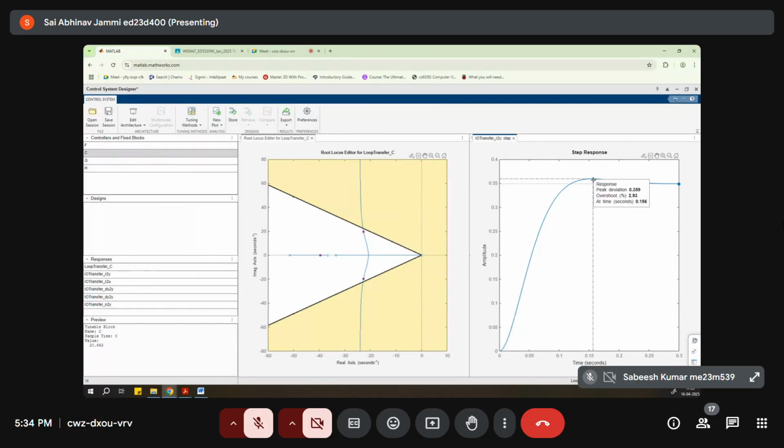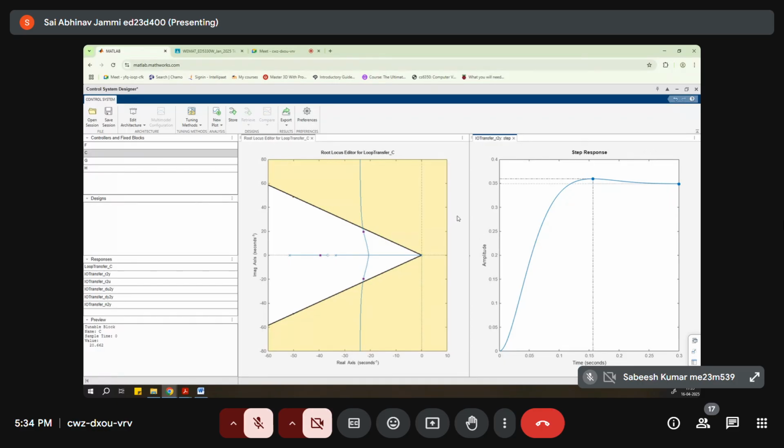KP will be in this root locus domain, if I'm not wrong, right? So which block is responsible for giving the KP? It's block C. Can you go to block C, please? Yeah, so block C value is displayed here, right? So this is the value of KP. Yes. Okay. Understood? So the value of KP is 20.662 for this example. You may get a slightly different value because the parameter values are approximate, right?